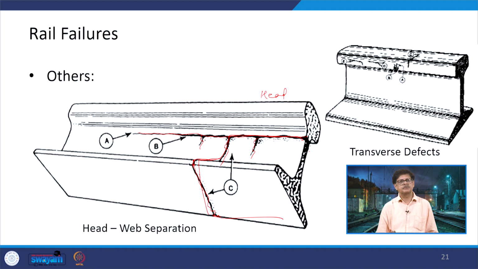So, there is no support being left, and when no support is there and the loads come at the top of this particular rail, it will cause hogging of the rail. Different types of transverse cracks are being shown at this location. So, this is also another possibility which may occur.